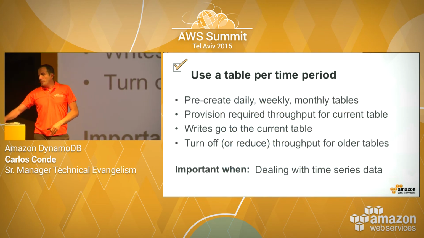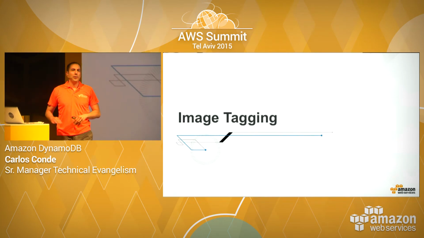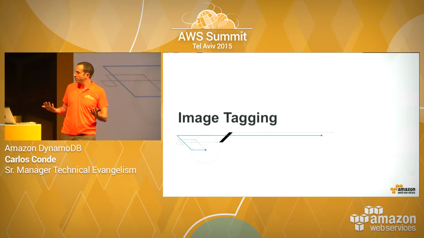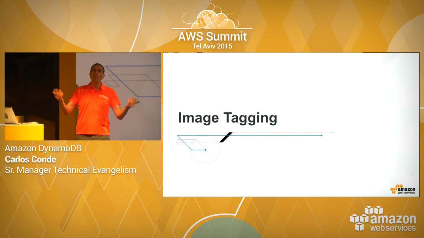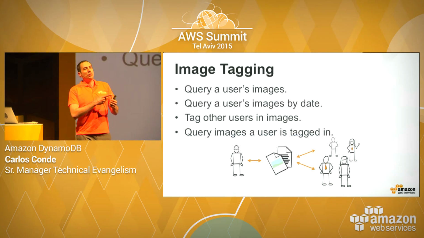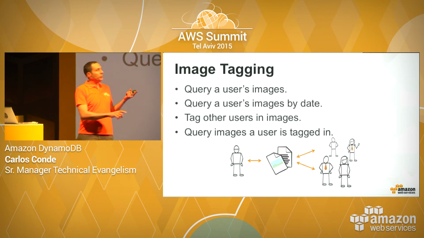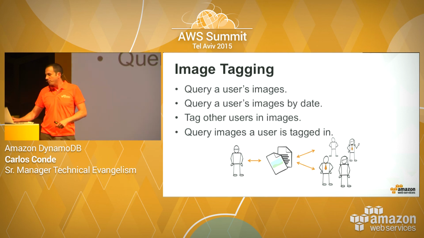Now, another scenario, just to talk about the request. Let's say that we have an image sharing application where people can tag each other, the way, for example, you would do it on Facebook. So you have a couple of queries to do. All the images for the user, you can sort those images by dates, the images of whose user has been in some of the tags, and so on.